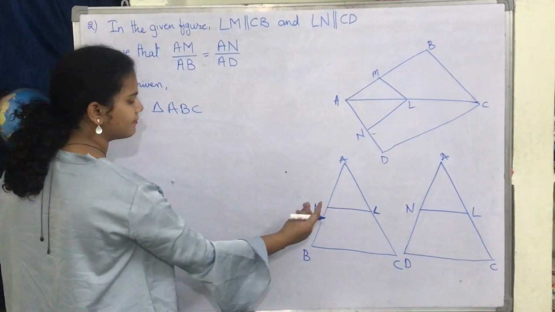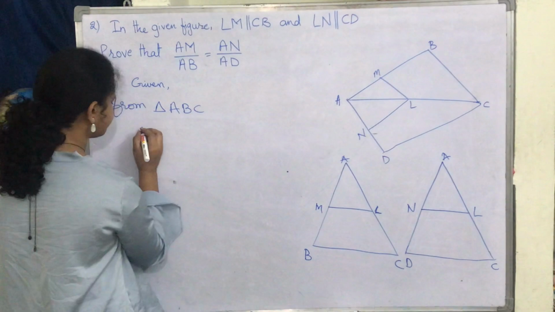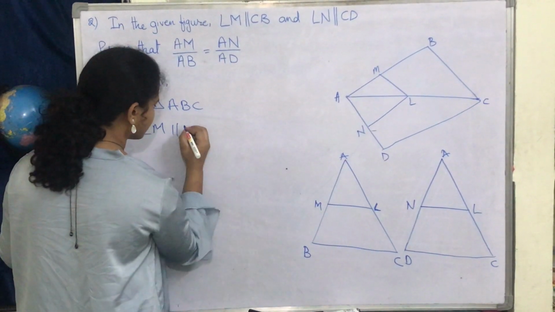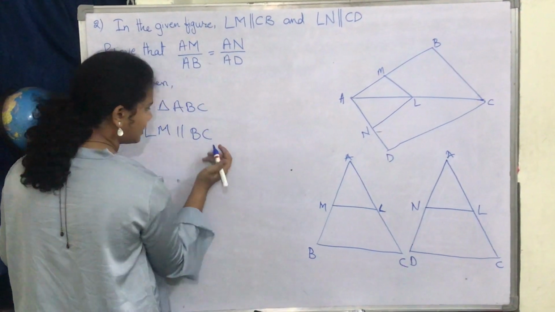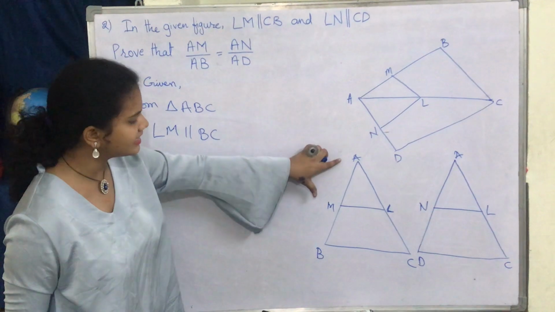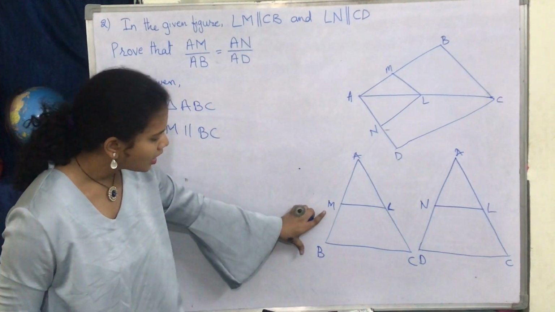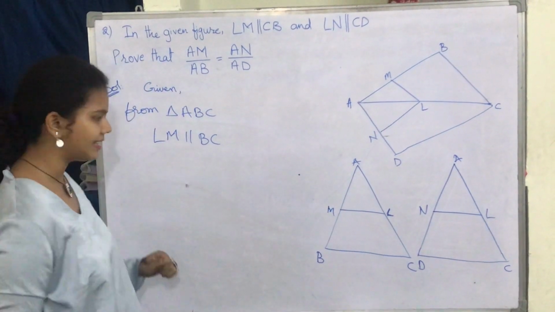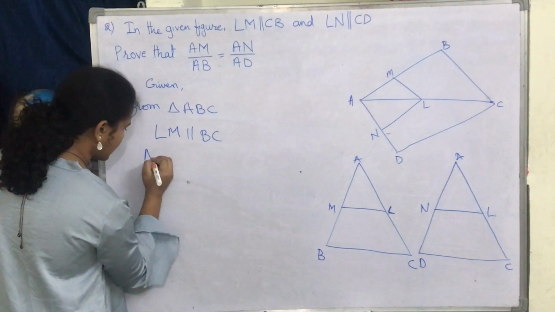By BPT theorem, where LM is parallel to BC, we can say that AM by MB equals AL by LC, right?